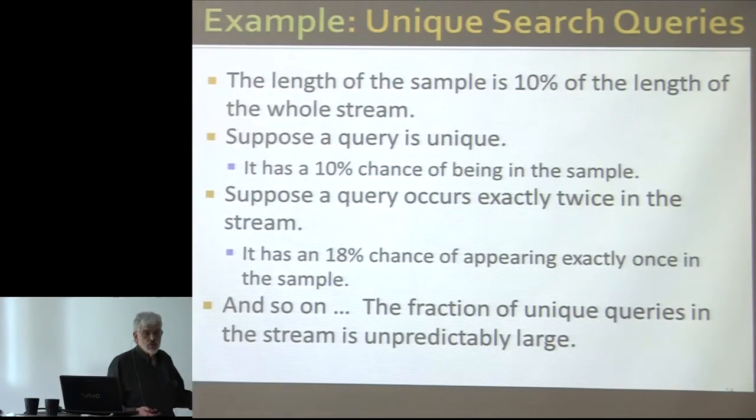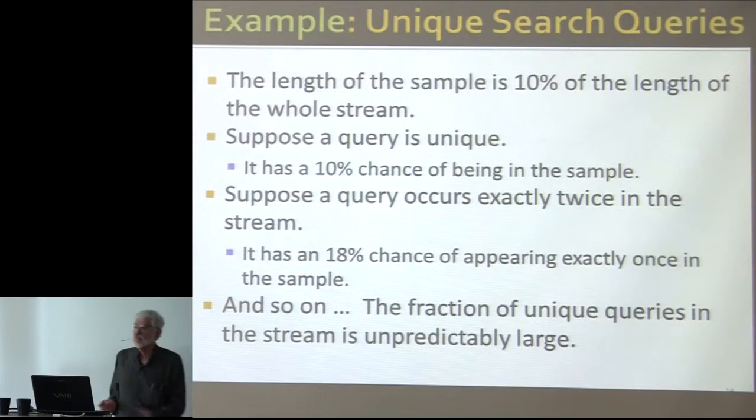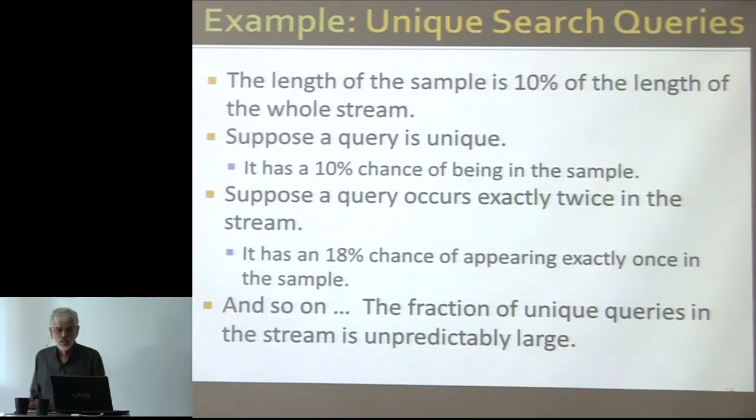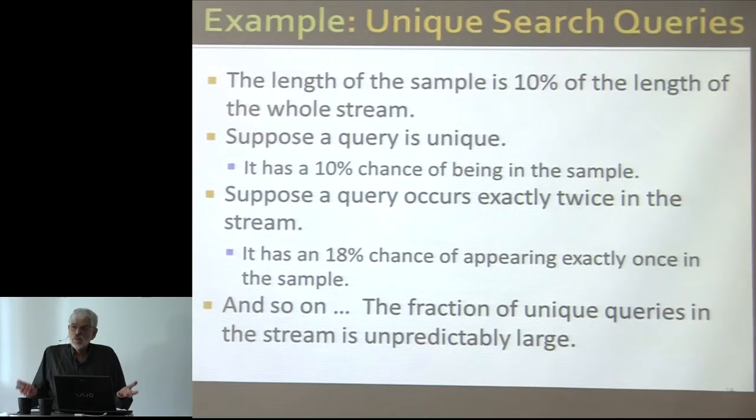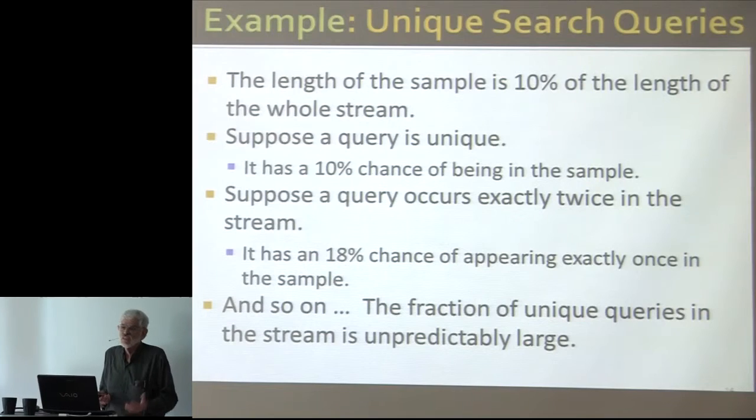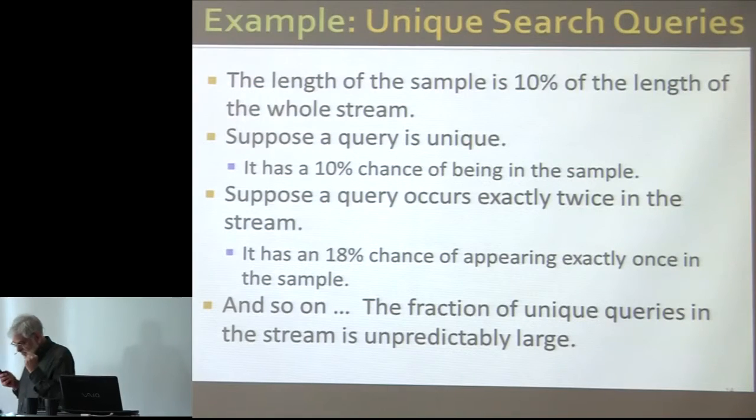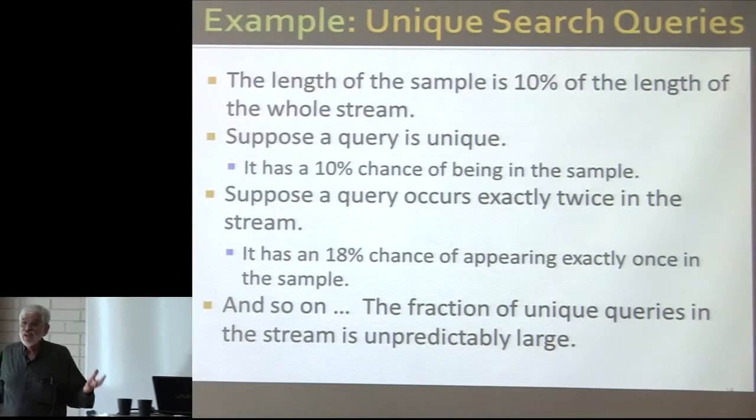If it appears 3 times, there's a 27% chance it'll be unique, or something. At any rate, the point is, since you don't know the distribution of the number of occurrences, you don't know how many unique things you're going to falsely see in the stream. And the bottom line is this is just not the way to do it. Okay, so then the interesting thing is, is there a way to do this?